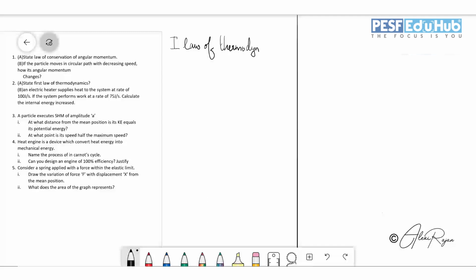The first law of thermodynamics states that if you have a system of gas, and you are supplying some heat, Q or delta Q, a small heat, then obviously the gas molecules will start to move fast, in random positions.